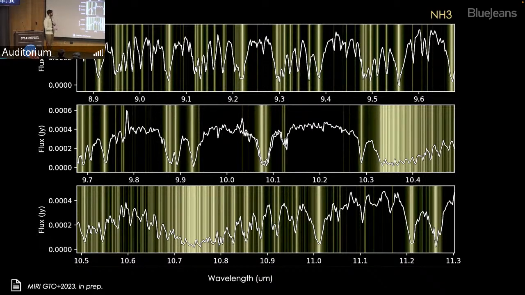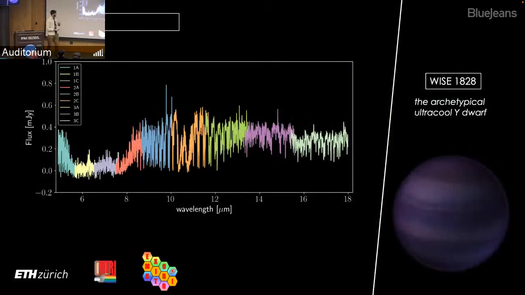So, it's concluding already. I just want to share this beautiful demonstration that MIRI on JWST can really go after these cool objects. There's a mid-infrared opportunity here. Nothing will replace this instrument in the foreseeable future.